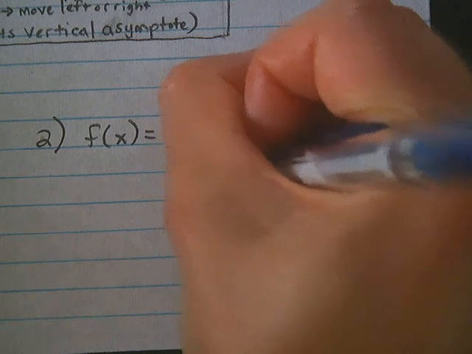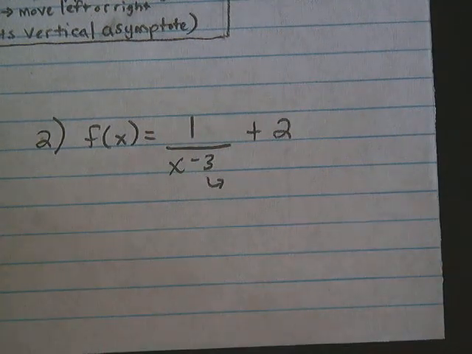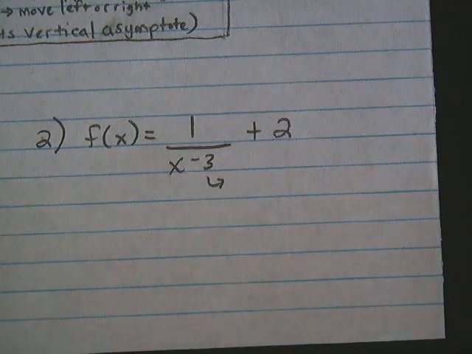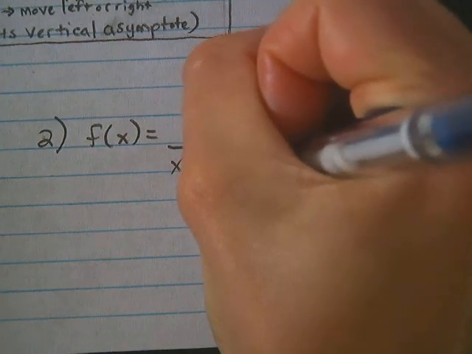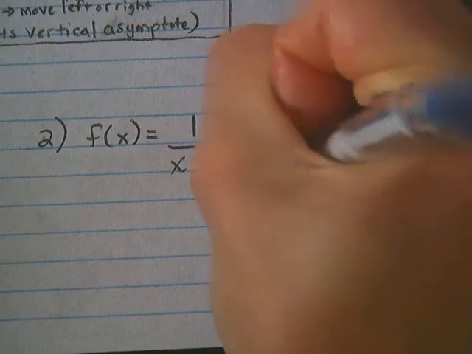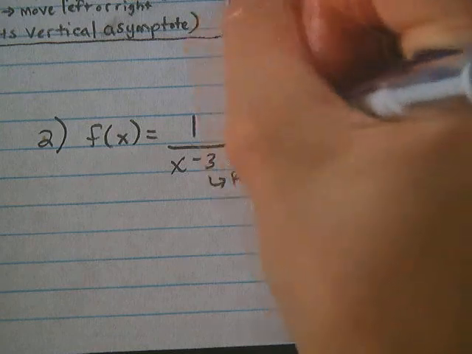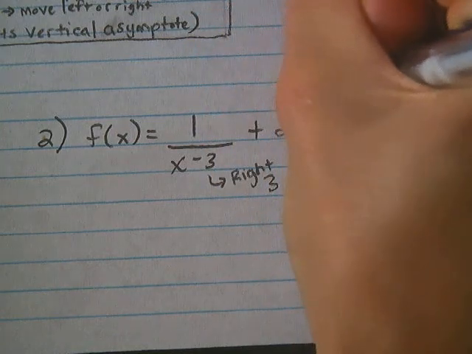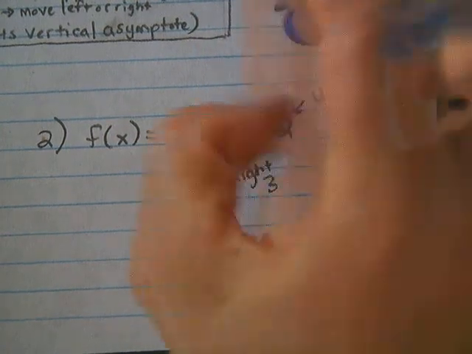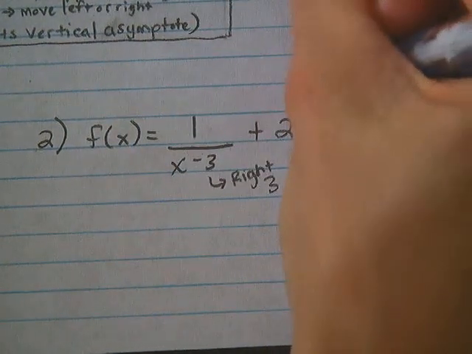Well, this one, it's a -3. Since it's with the x, we do the opposite of what it says. So a -3 would mean that it would actually move right 3. And then the plus 2, well, that's not with the x. So you do what it says, and it's going to move it up or down. So that would be up 2.